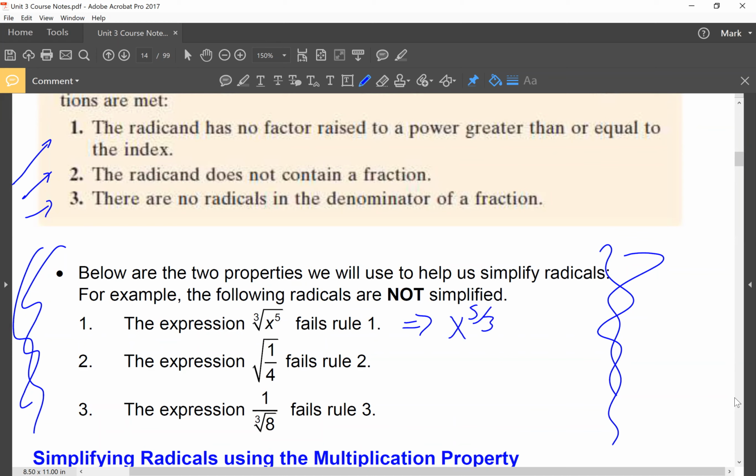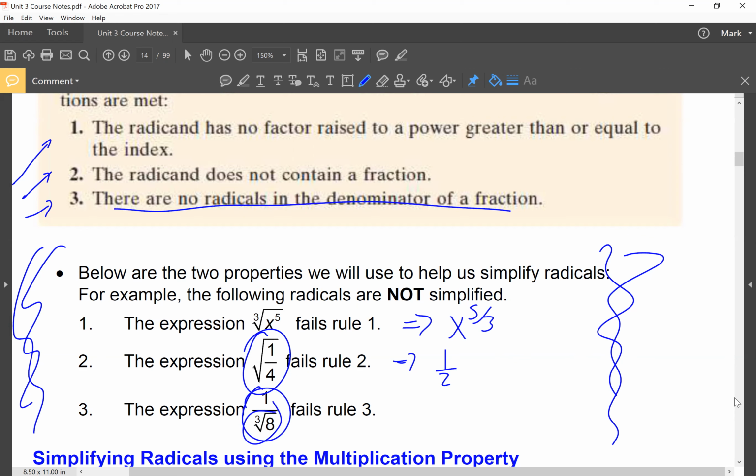Number 2, the expression square root of 1/4 fails this test. It does include a fraction. You would simplify this as 1/2. Square root of 1 is 1. Square root of 4 is 2. Number 3, this expression fails the rules because there is a radical in the denominator.